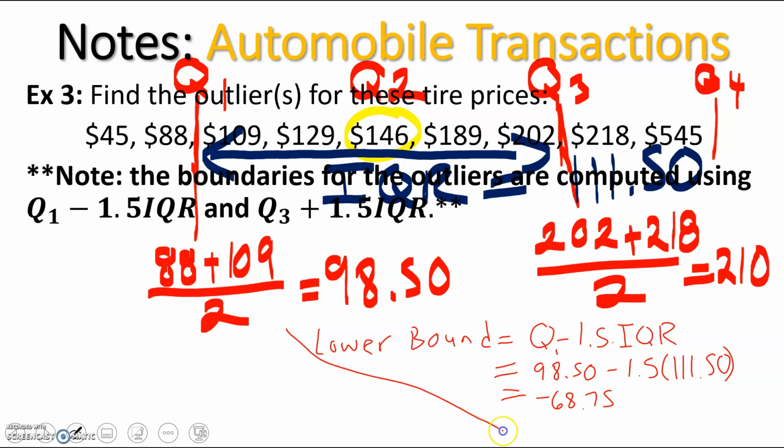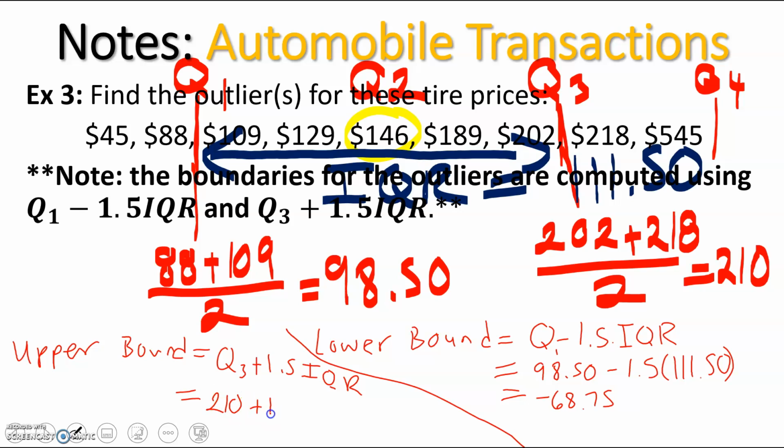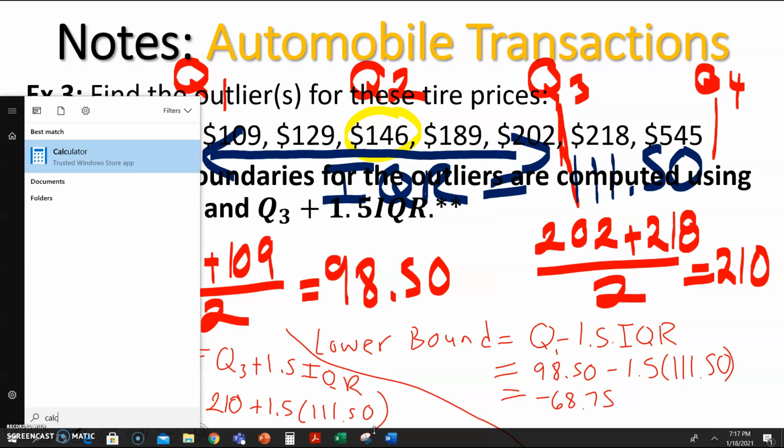So let's do that over here. Our upper bound for our data set is going to be Q3 plus 1.5 times our IQR. So in this case, our Q3 is 210, so 210 plus 1.5 times our interquartile range, our 111.50, and then let's go ahead and calculate that.